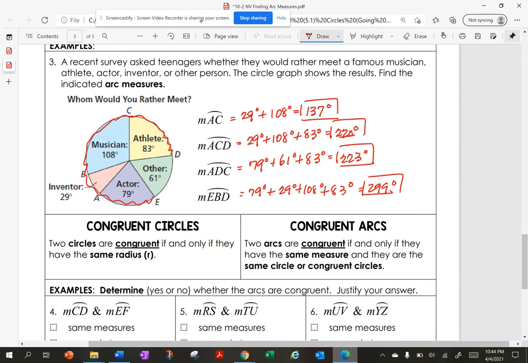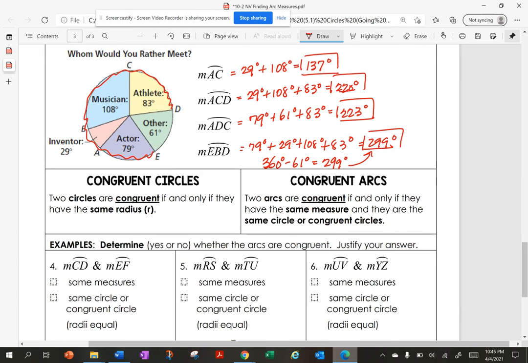Or I could have just started out with the whole thing, which is 360, and subtract out the one I don't have, which is 61, and also get 299 degrees. Either way, I'm going to get the same thing.